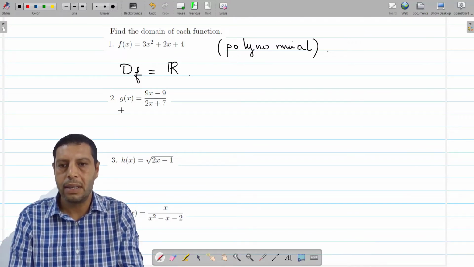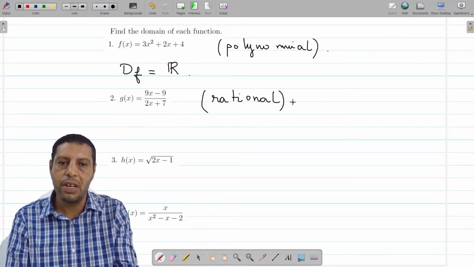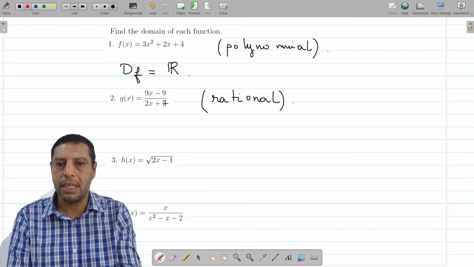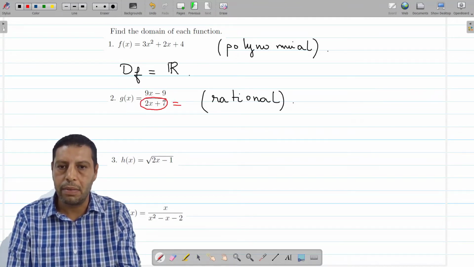For the second one, g of x equals (9x minus 9) over (2x plus 7). This is what we call a rational function. It means it's a polynomial over another polynomial. So if you have a rational function, you have to make sure that what's in the denominator is not equal to 0.